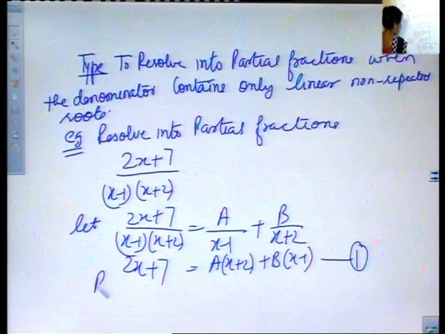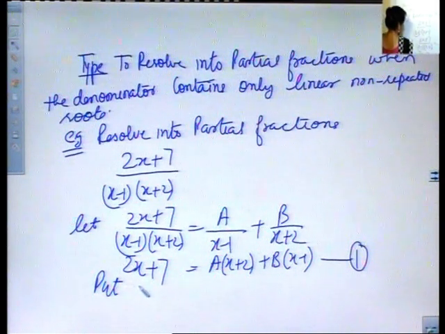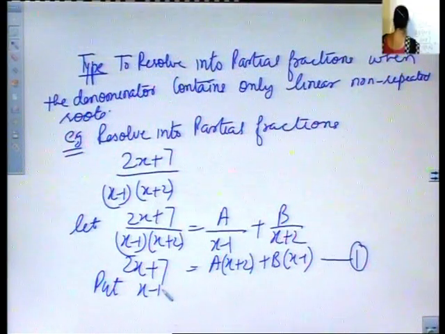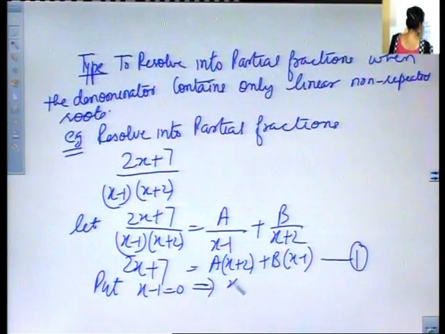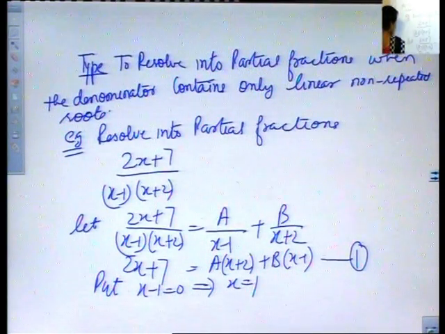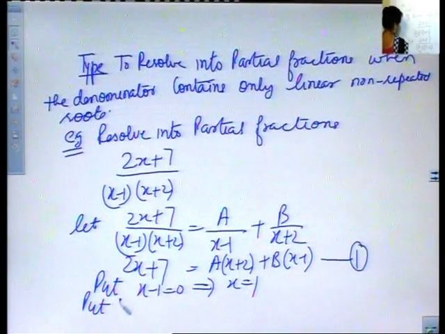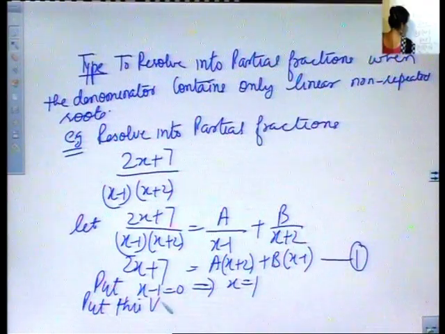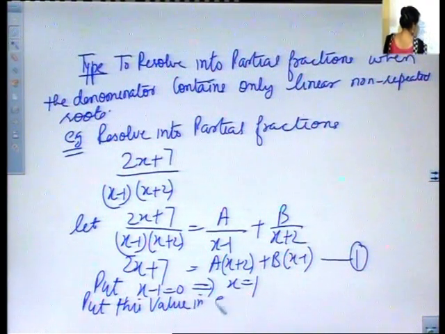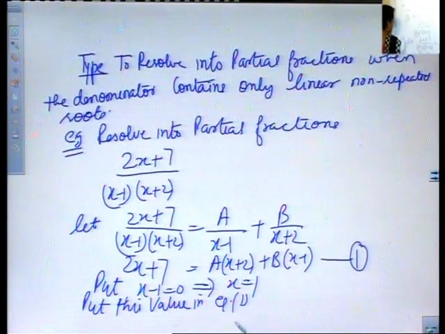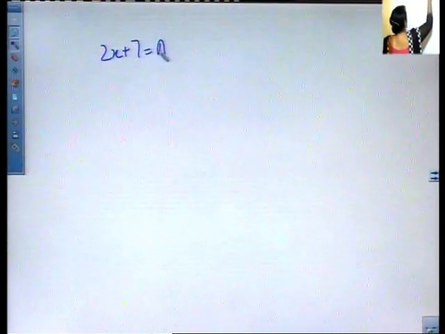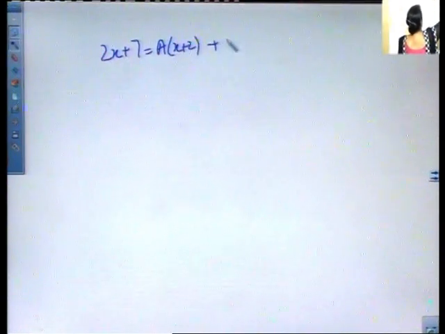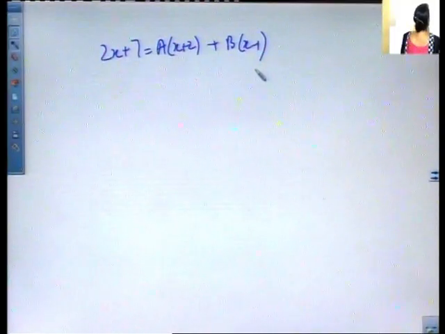Now put one factor, that is x minus 1, equal to 0. This implies x is equal to 1. So put this value in equation 1. Equation 1 was 2x plus 7 is equal to a(x plus 2) plus b(x minus 1).